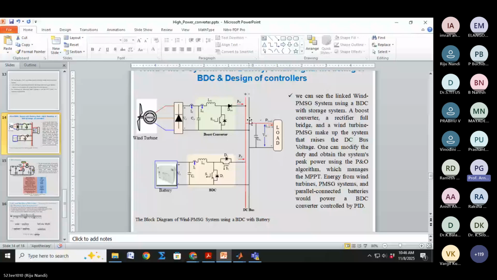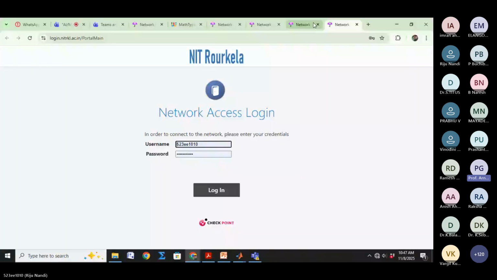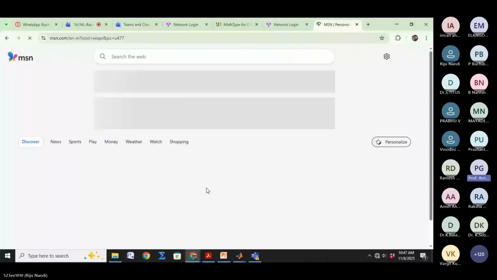Now the system is running as an open loop system. Work is going on for the closed loop system, and I hope in a couple of months it will be completed. Voltage regulation we are maintaining first, then we can go for the input side. The energy management application is the next phase of work after regulating the DC link voltage.